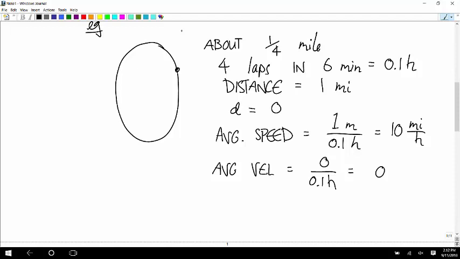Any other questions? So if you've ever done any kind of race that makes a complete circuit around something, you've tied the world record for average velocity. So congratulations. That's quite an accomplishment.